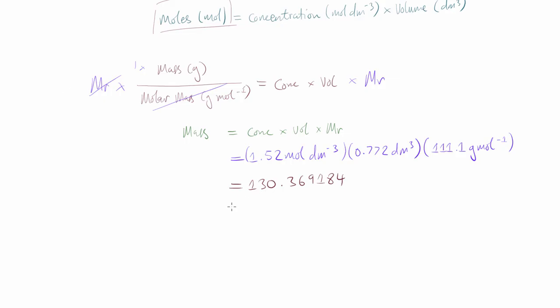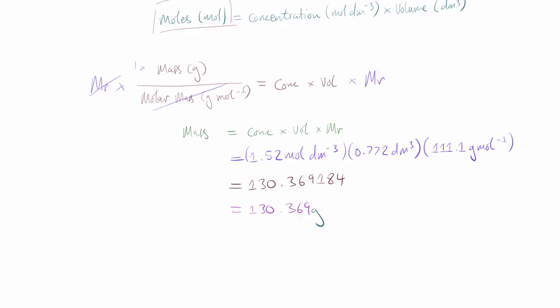So that's going to be equal to 130.369. We've got it to 3 decimal places, but we do not yet have our units, which in this case would be grams.